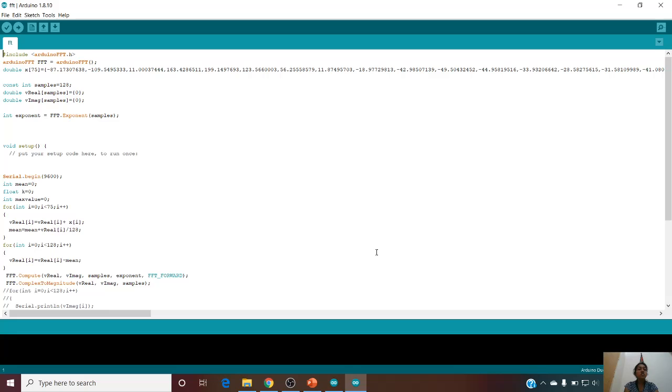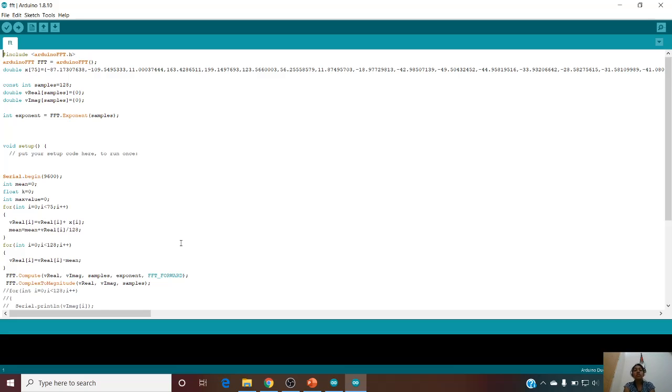Then #include is the code for importing the library, and arduinoFFT is the name of the library file, and FFT is the name we give it in this function. So this is the syntax for importing the Arduino library, and then we'll be taking 75 samples, and a constant samples equal to 128.